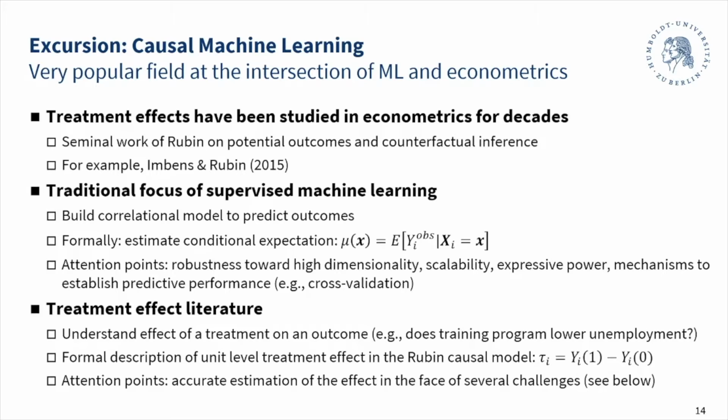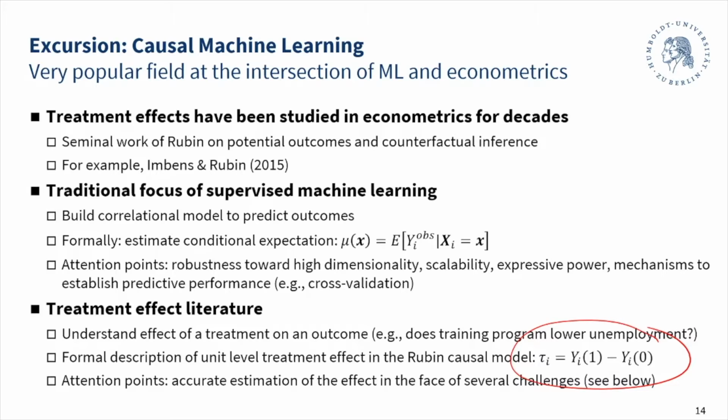We could define the treatment effect tau_i as the difference between the outcome with treatment and the outcome without treatment. That is the individual treatment effect, defined as the difference in the outcomes between a customer that receives a coupon, or is treated, and the same customer when she is not treated.